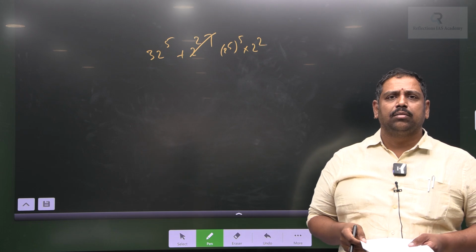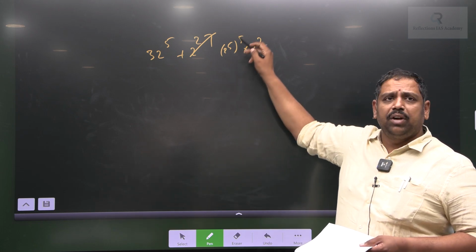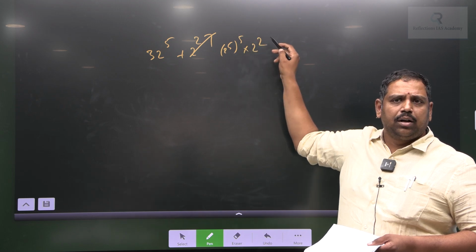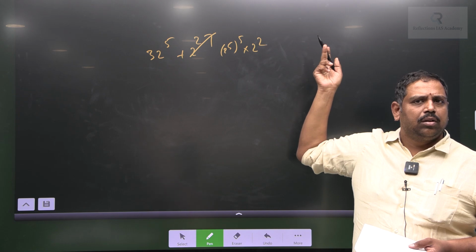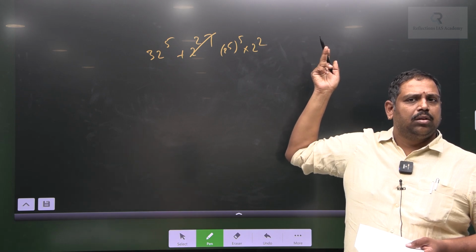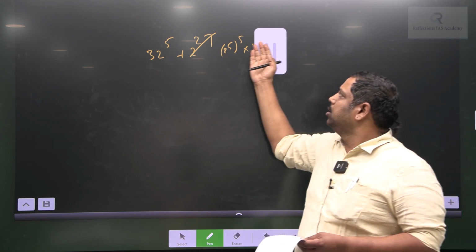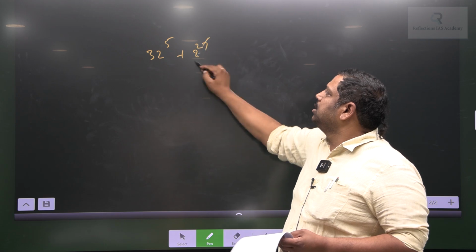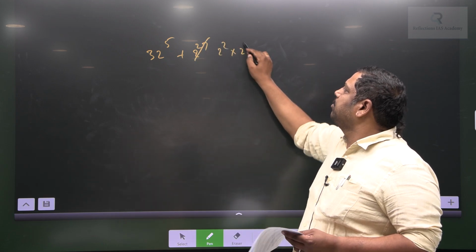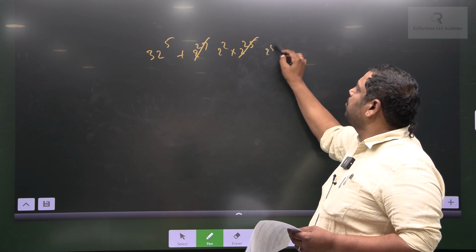Can I? 2 power 5 whole power 5 means 2 power 25 into 2 square, which is 2 power 27. Yes or no?